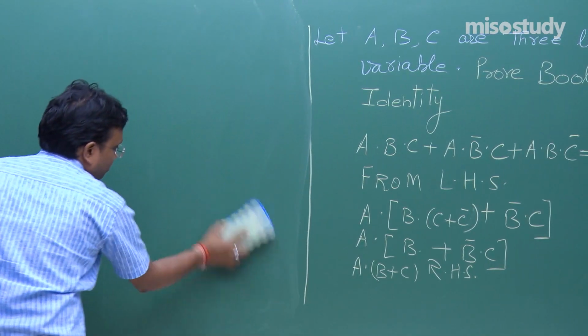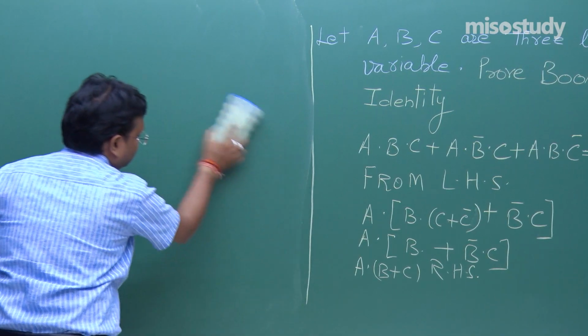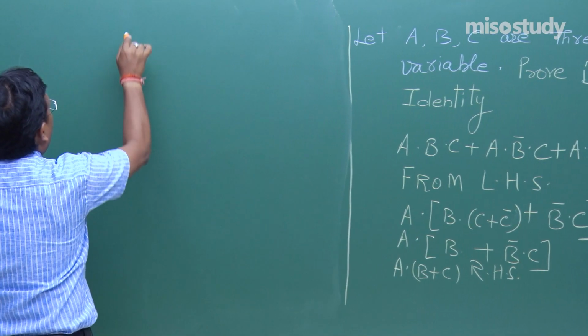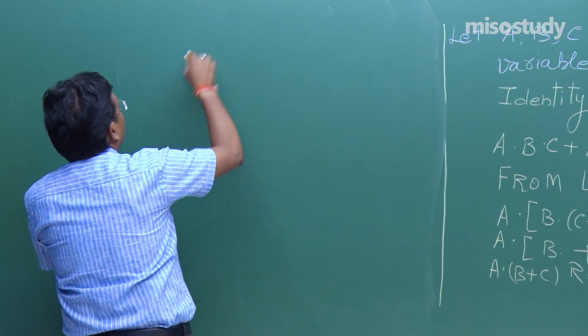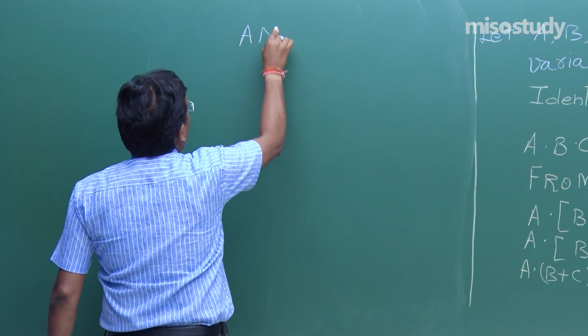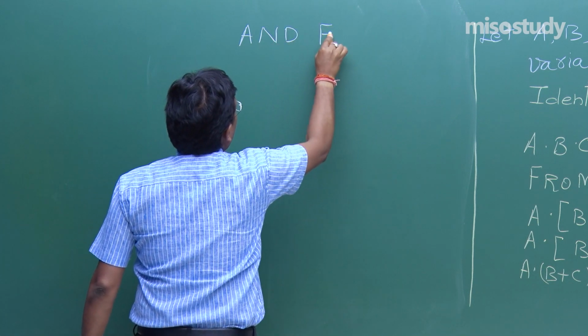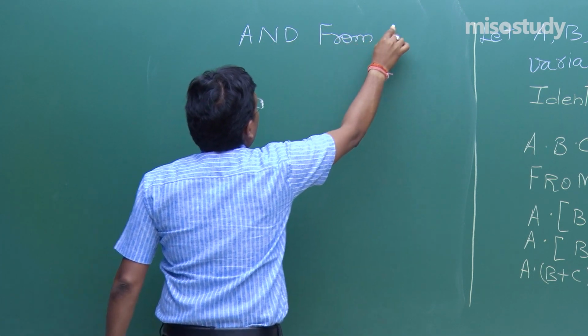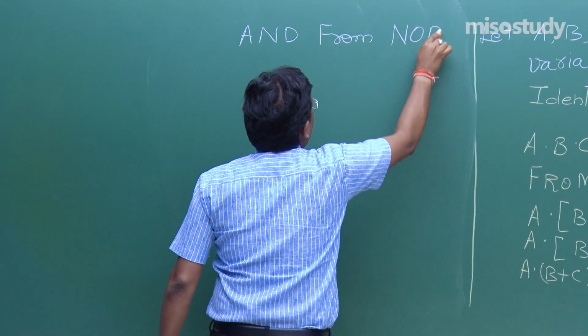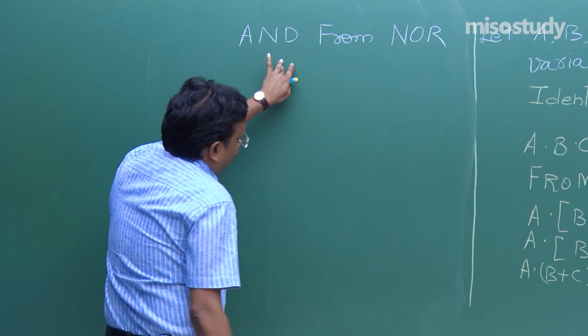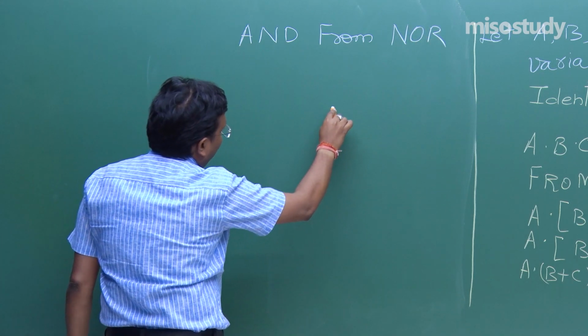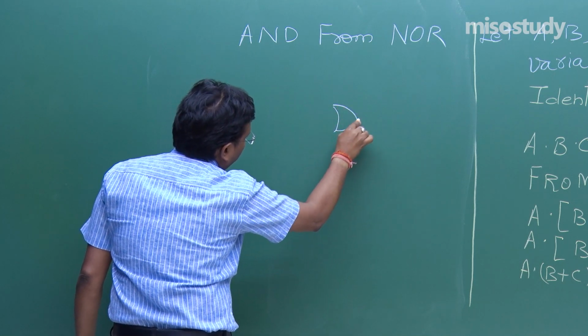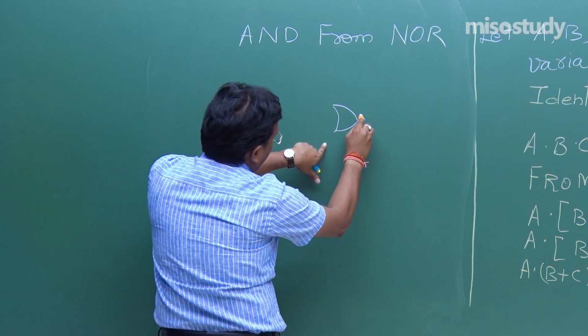You can say it may be like AND from NOR. You can create AND gate from NOR gate. How you can do that? Just use this value like this.